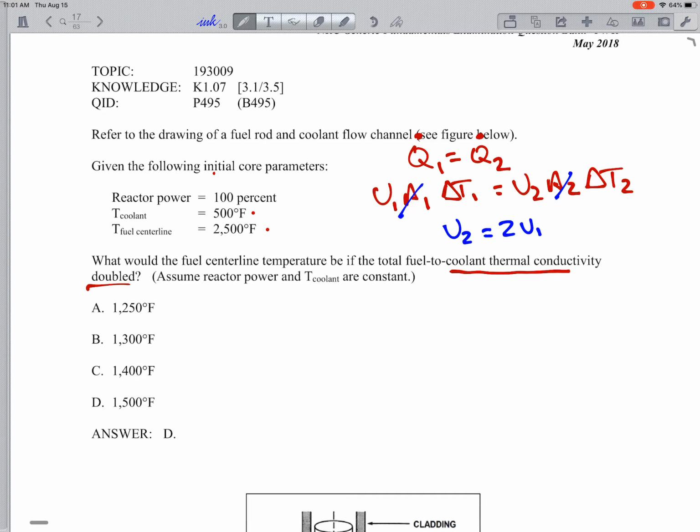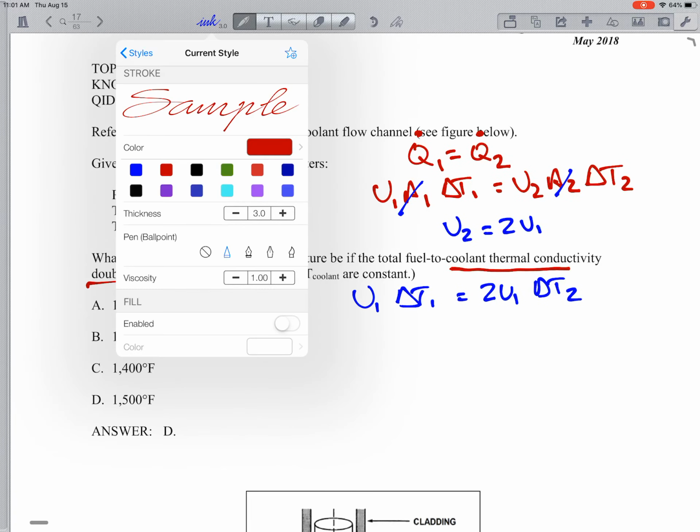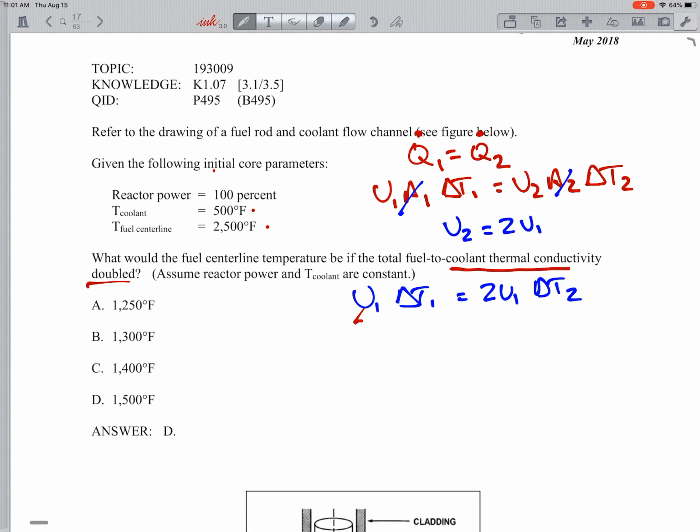So now we go U1 delta T1 is equal to 2 times U1 delta T2. Now the U's cancel out, and we've got delta T2 is equal to delta T1 divided by 2.